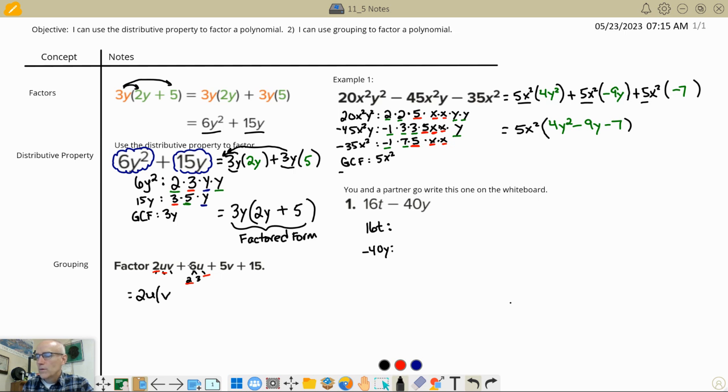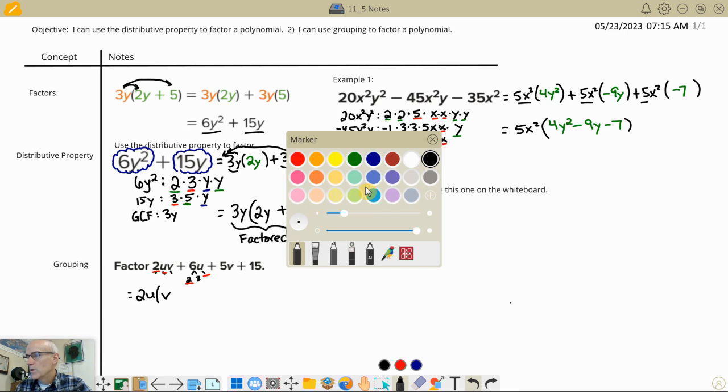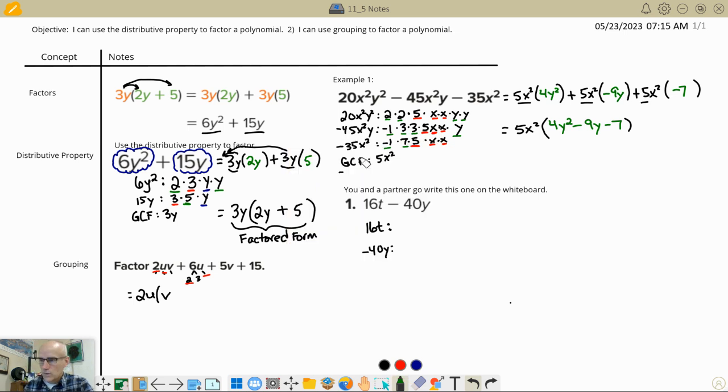What would be left for the second one over here? The 3. So I think I did that in green on the notes up above. So let's put in green what would be left. So the V is here, the 3 is still here, right? The 2 and the U got factored out to the front by the distributive property. So I'm going to put down plus the 3, right?